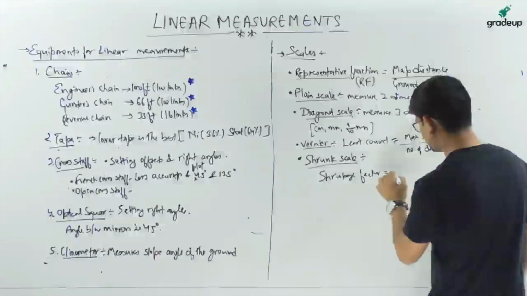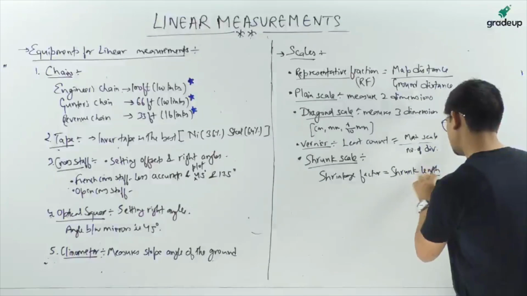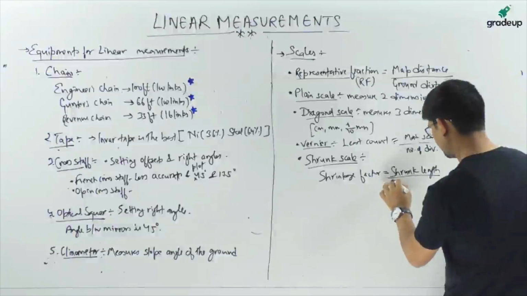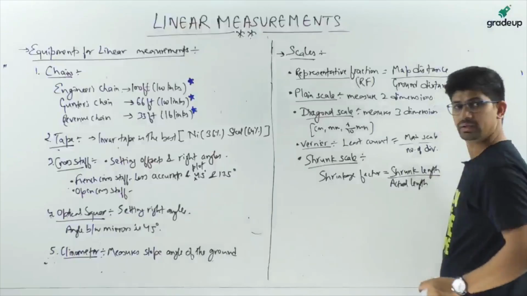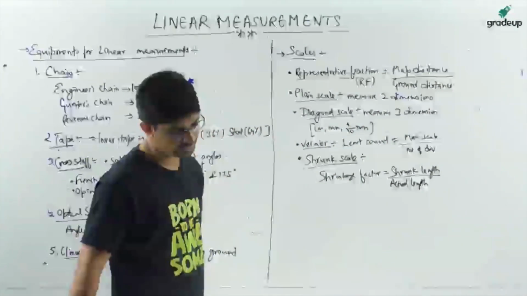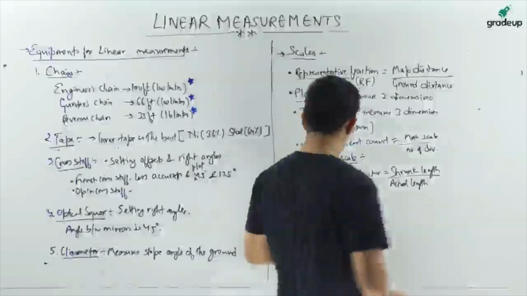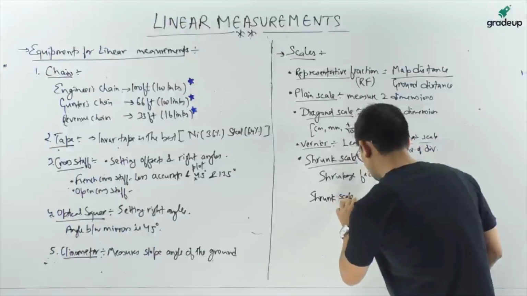Shrinkage factor is equal to shrunk length upon actual length. Now with this you have to estimate the shrunk scale.